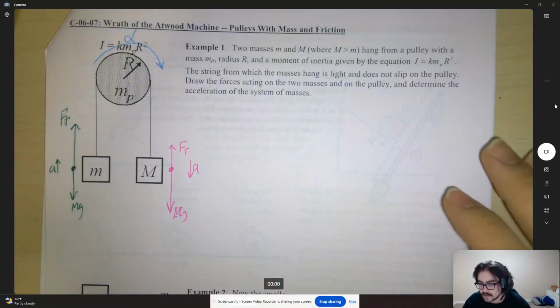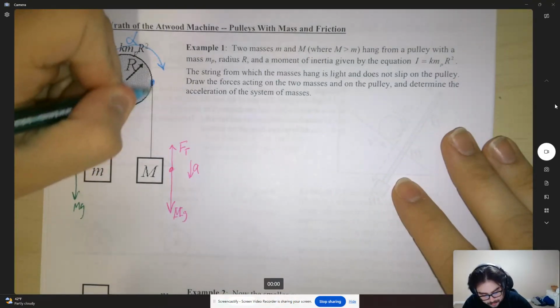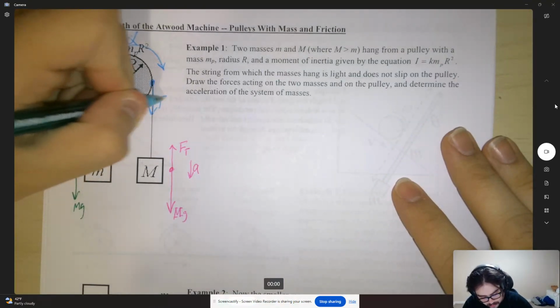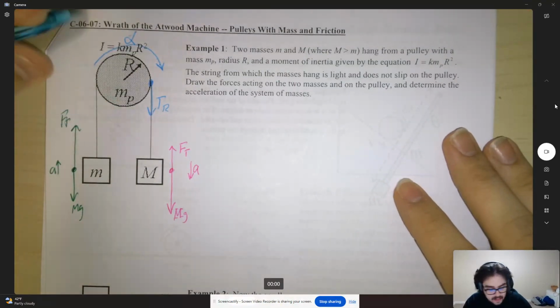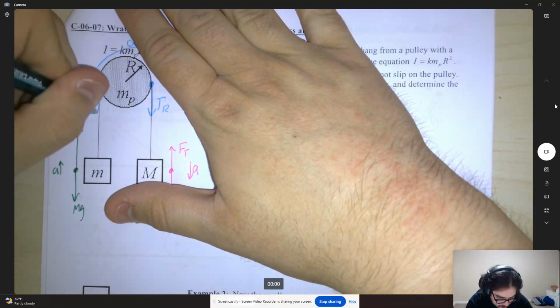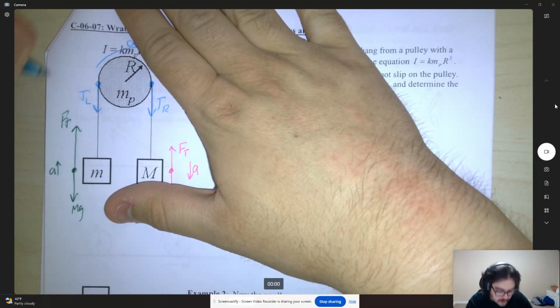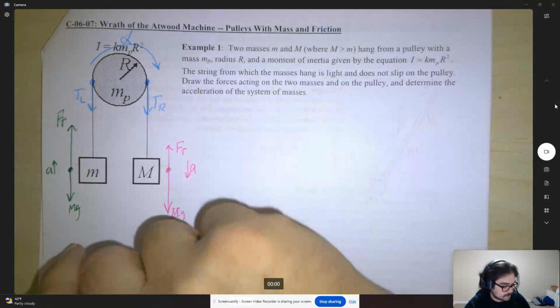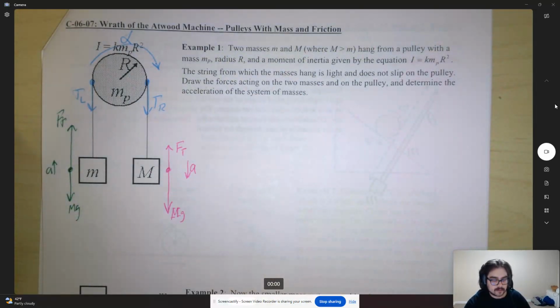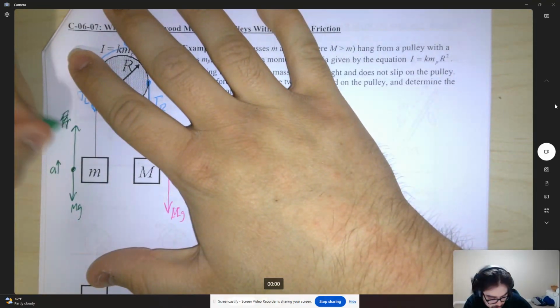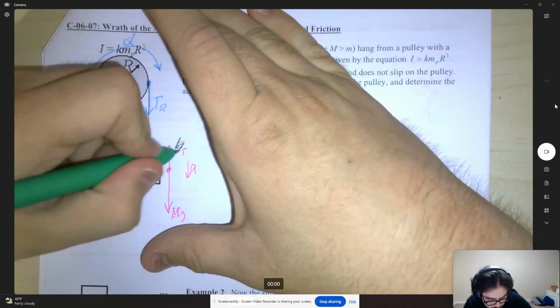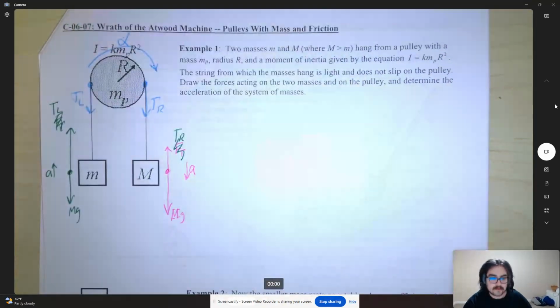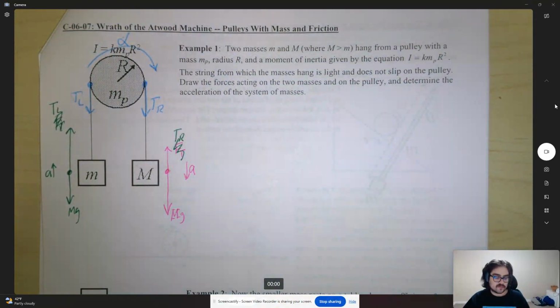I have a torque being applied from the right tension and a torque from the left tension. I labeled them a little bit differently in my notes here. I'm going to call this TL and this TR, for tension left, tension right.